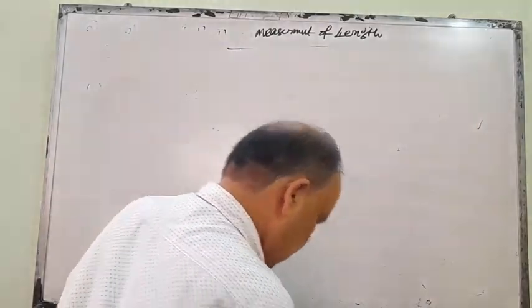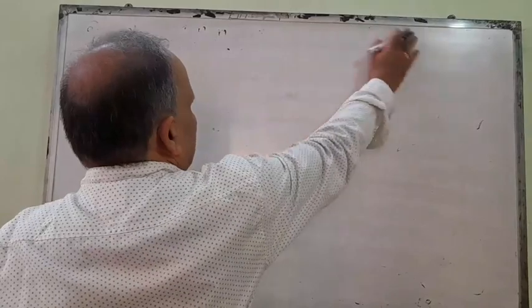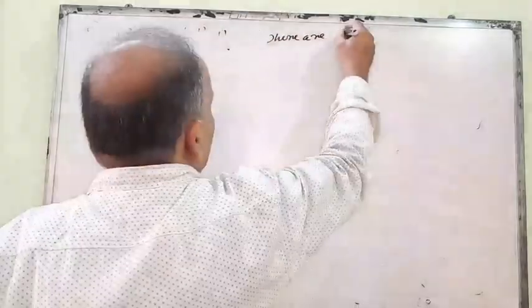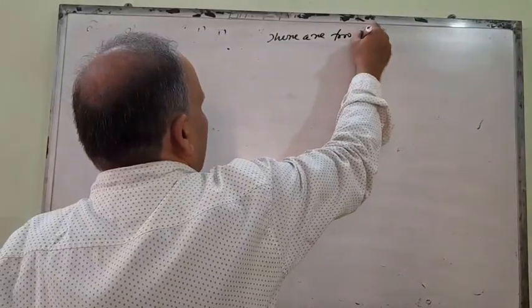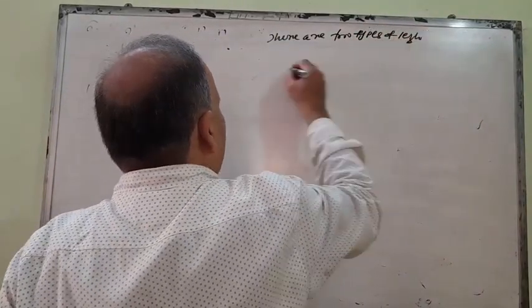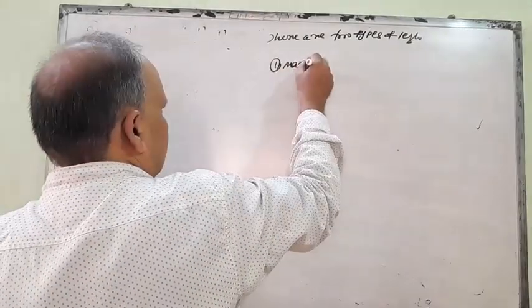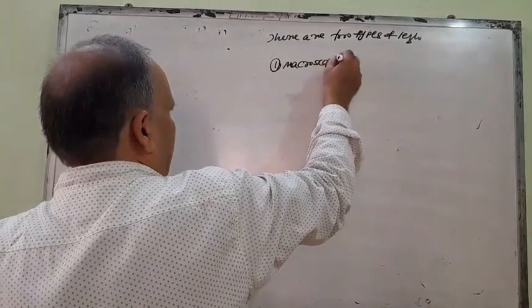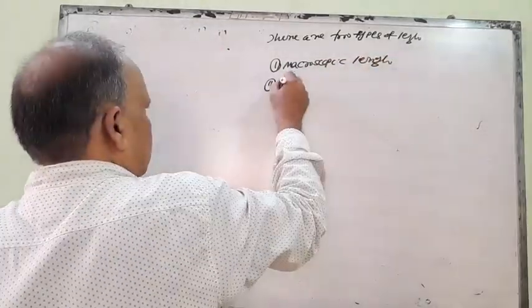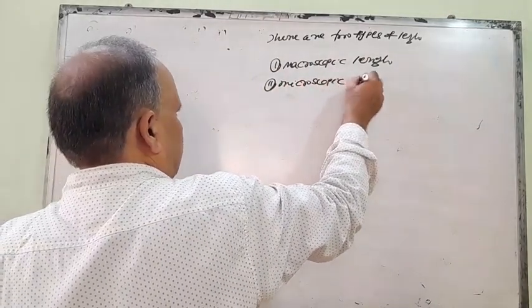Now, there are two types of length. One is your macroscopic length, another is microscopic length.